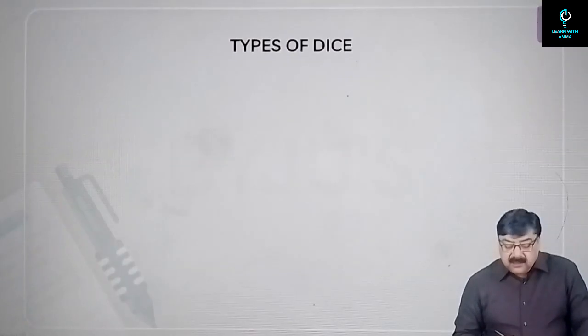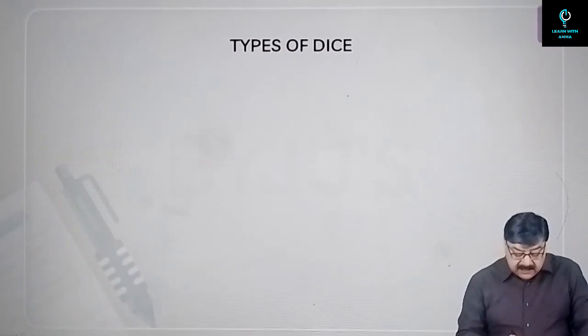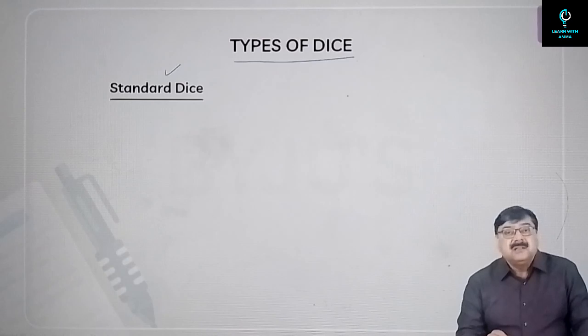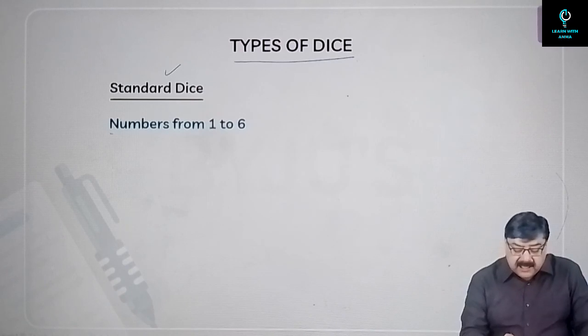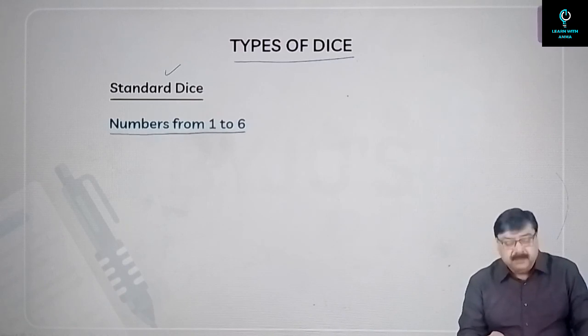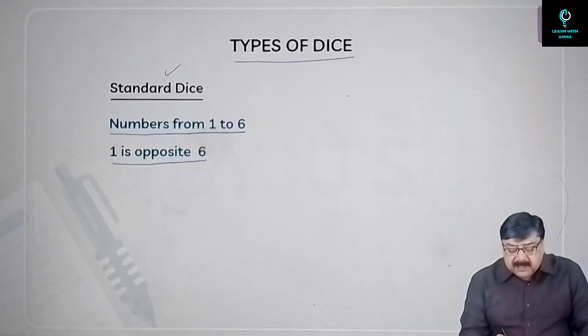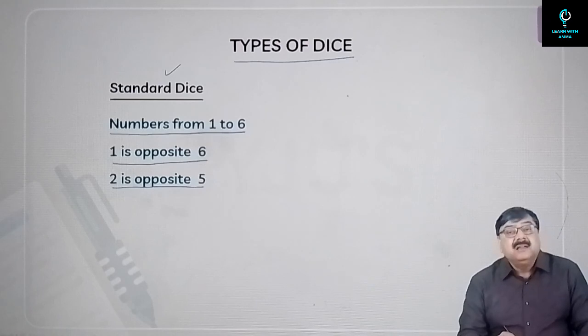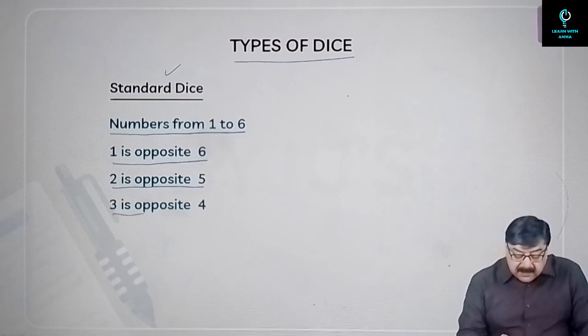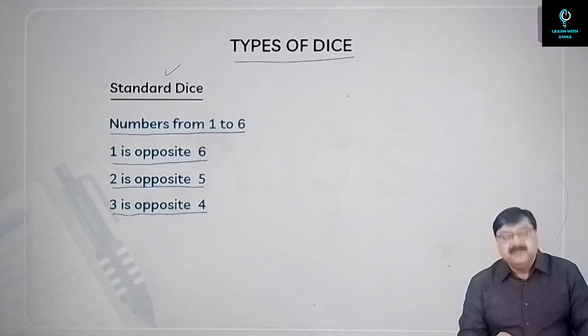Now let's have a look at types of dice. We are talking about a standard dice. What is a standard dice? The very dice with which we play games like Ludo. On it, numbers from 1 to 6 are inscribed, arranged in a particular pattern: number 1 and number 6 are on opposite faces, number 2 and number 5 are on opposite faces, and number 3 and 4 are on opposite faces.